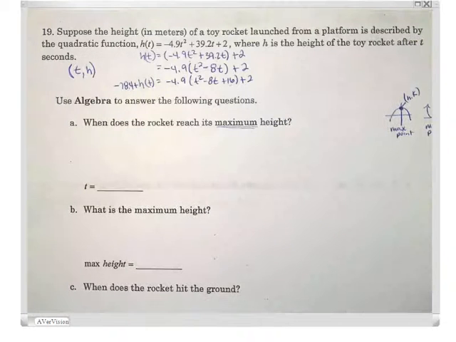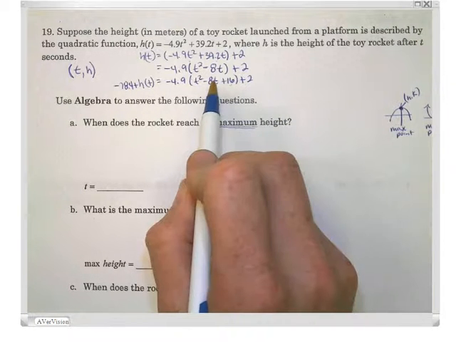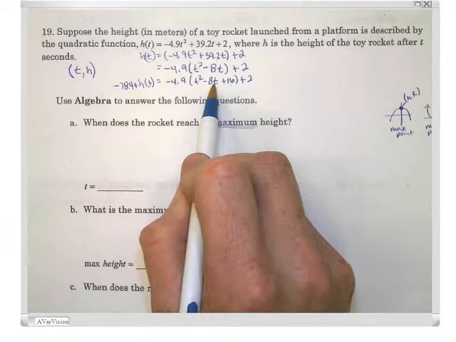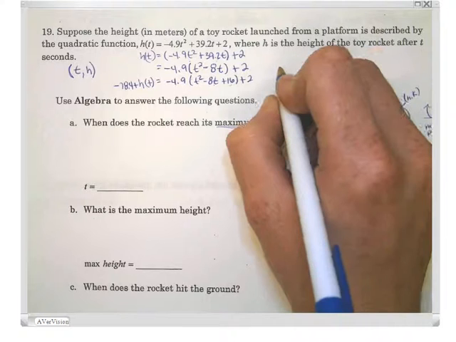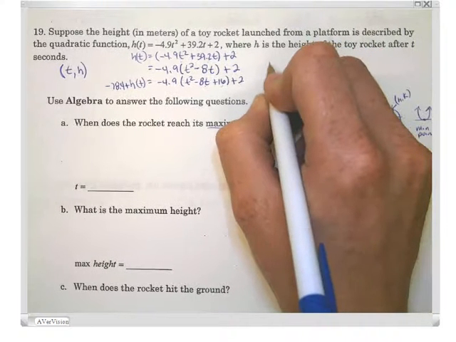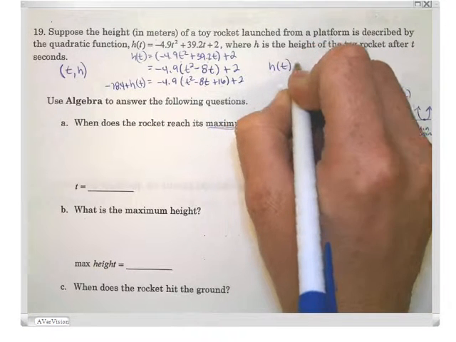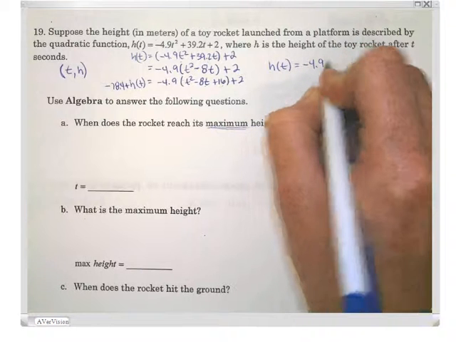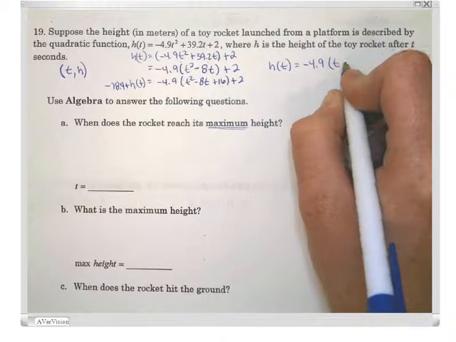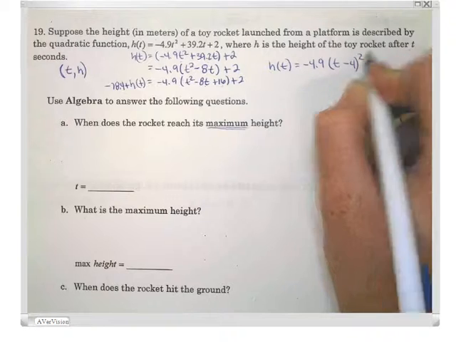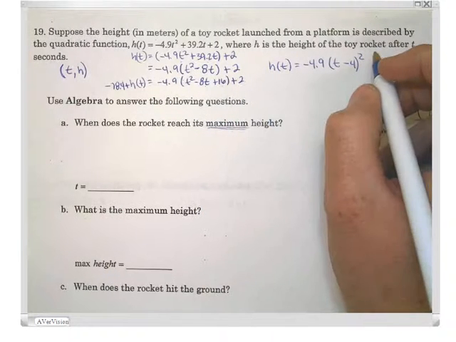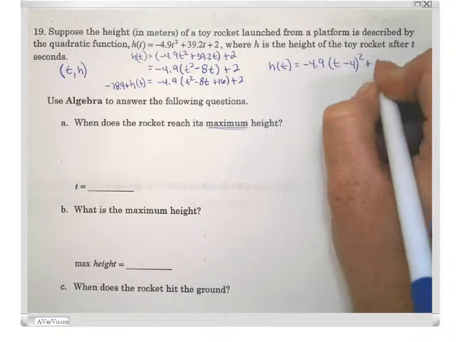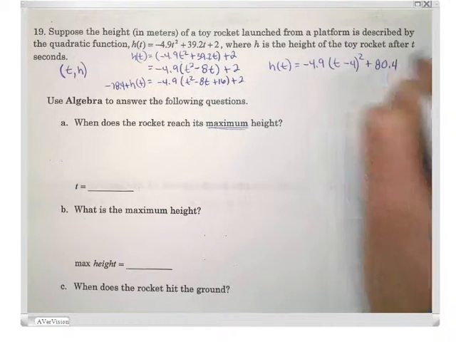Now we're going to simplify by factoring this expression and moving the negative 78.4 to the other side. So our final vertex form is going to be h of t is equal to negative 4.9 times t minus 4 squared, and then I can add 78.4 over here, and I'm going to get 80.4 for my final equation here.